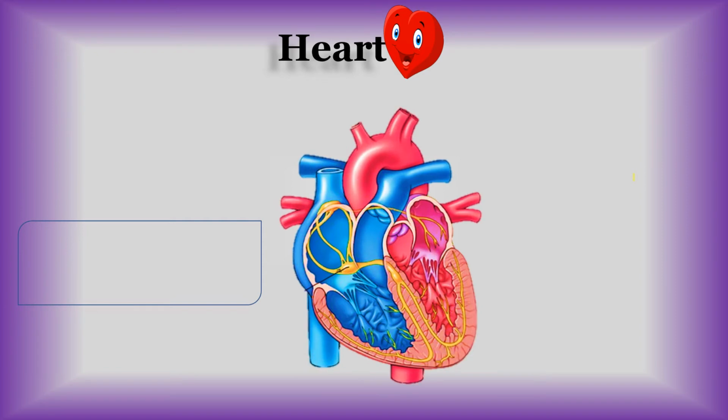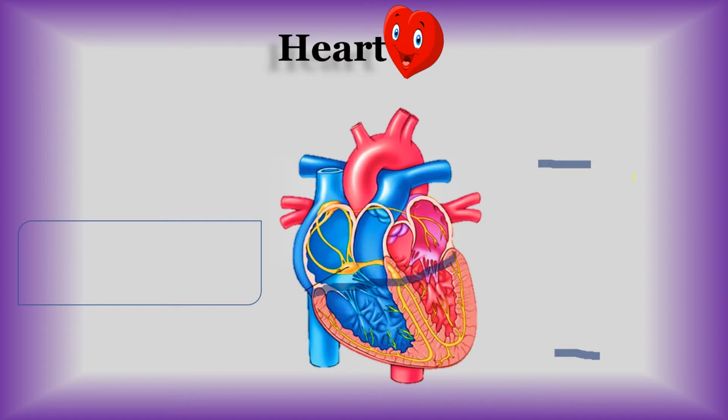Now, let's see what are the different parts of our heart. Children, the heart has 4 chambers: 2 upper chambers and 2 lower chambers. Can you see this blue line? Above this blue line is the upper chamber and below this blue line is the lower chamber.